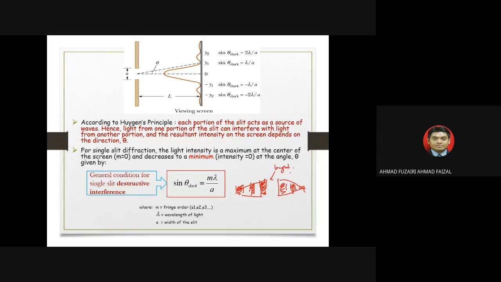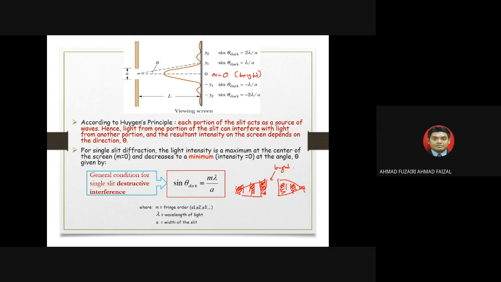These are the bright fringes for diffraction by a single slit, and the zero here is called the central maximum. The light intensity at the center of the central bright fringe is considered to be m equals 0, which is equivalent to the bright fringe.